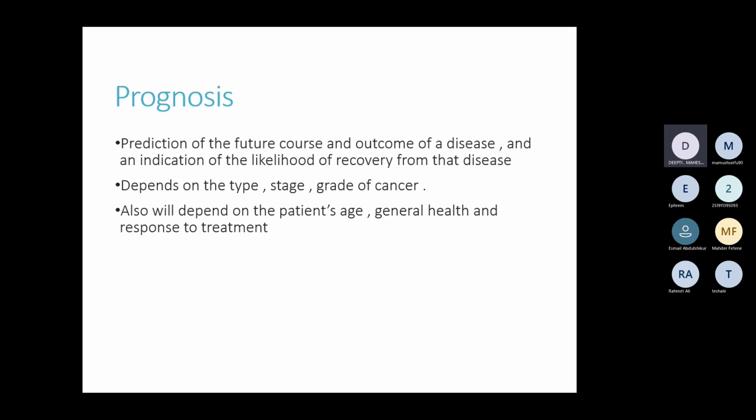Some patients may respond very well, some may not. Some may have a very poor immunity, so it's possible that they may not respond well. So all that will also vary patient to patient. So the prognosis will depend upon type, stage, grade of cancer. It will also depend on the patient's age, general health, and also it will depend on the response to treatment, right?